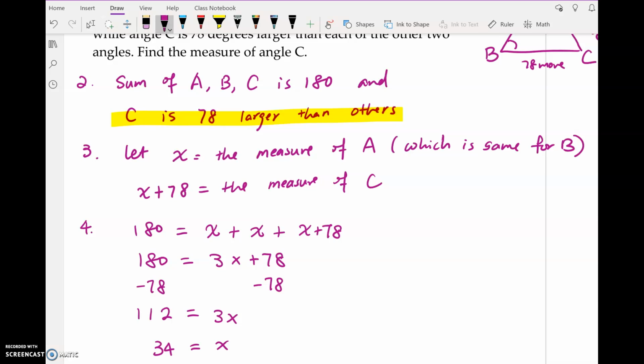Then the measure for C is going to be 34 plus 78, 112.